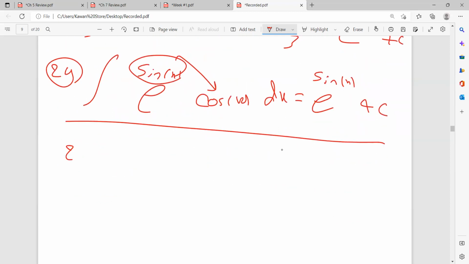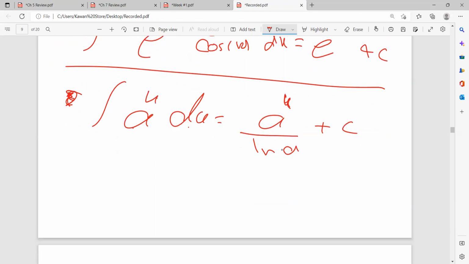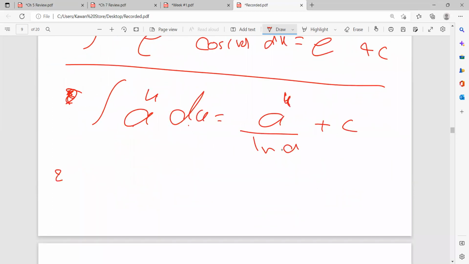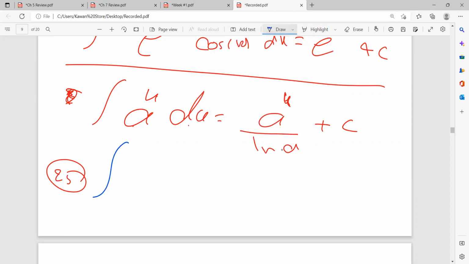So how about if I have a general exponential? Again, I have a to power u du, hat d hat. We see it is equal to the same, itself, plus c, but we add ln of the base here. Look at the example here. We have 2 to power x dx, the simplest one.